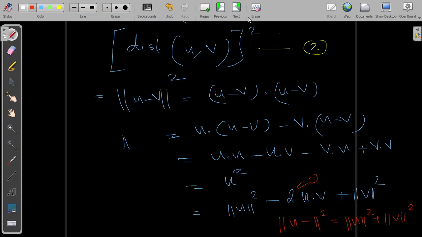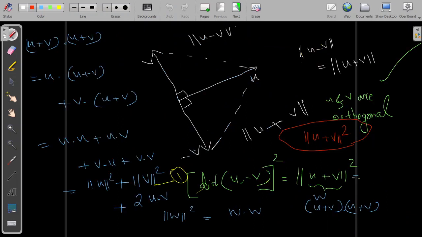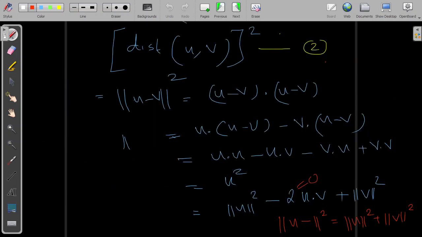Or from the previous equation, equation number 1, we have norm u plus v square equal to norm u square plus norm v square.